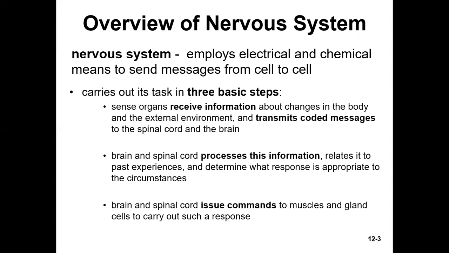This goes into the polarity differences from the inside of the cell to the outside of the cell. When we talk about the chemical packages that are sent between the cells in the nervous system, we are primarily talking about neurotransmitters.